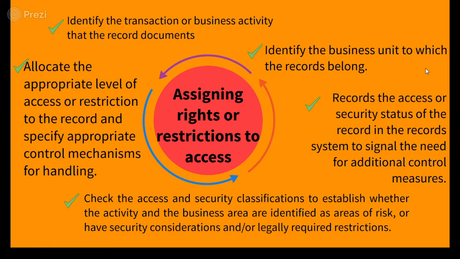Allocate the appropriate level of access or restriction to the record and specify appropriate control mechanisms for handling. Check the access and security classifications to establish whether the activity and the business area are identified as areas of risk or have security considerations and or legally required restrictions.